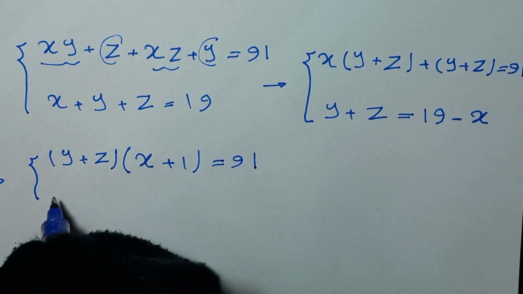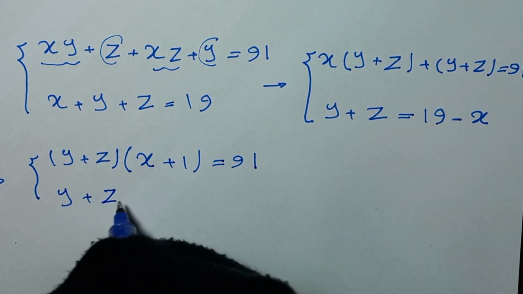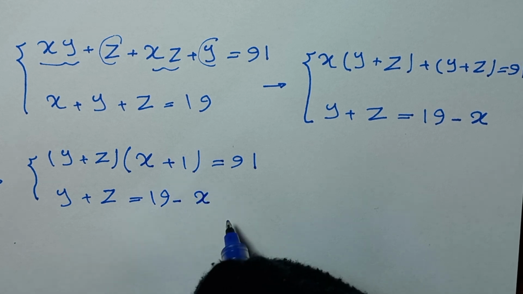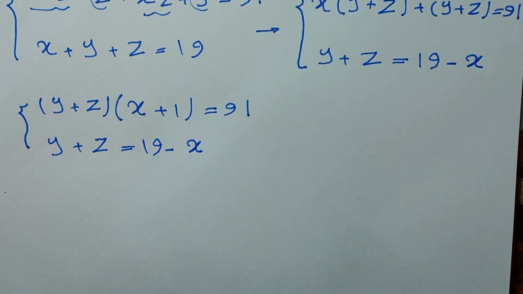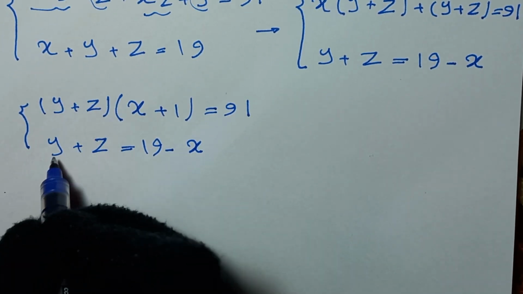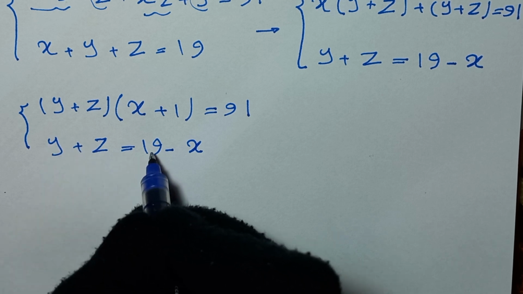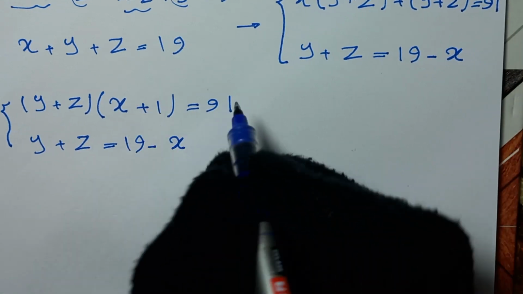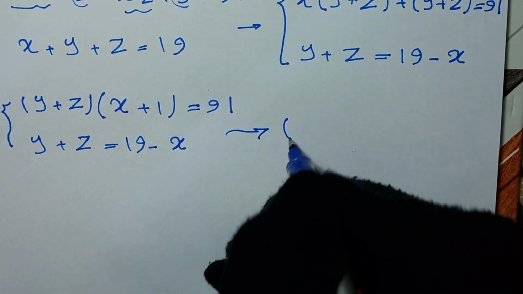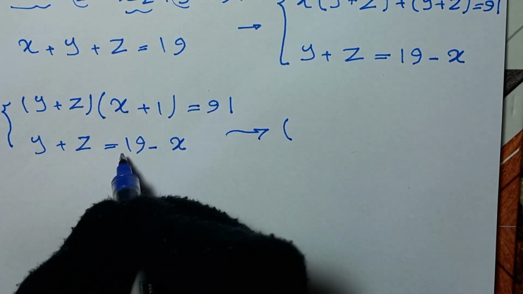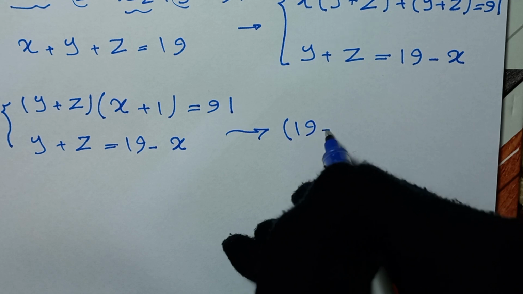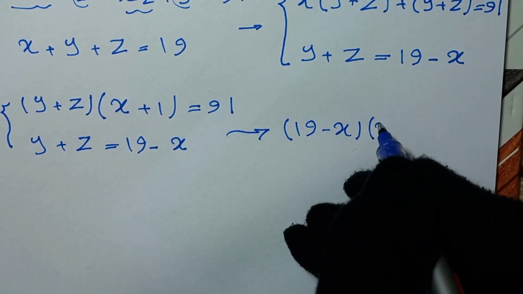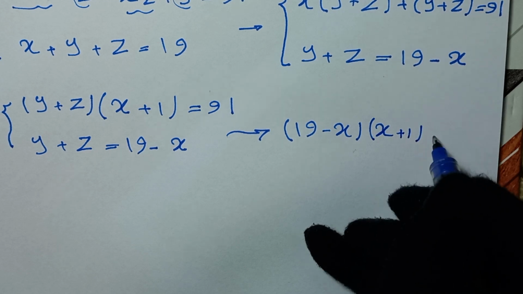And here we have y plus z is equal to 19 minus x, right? So y plus z from this equation is 19 minus x. So we substitute this in this equation, and it will be 19 minus x times x plus 1 is equal to 91.